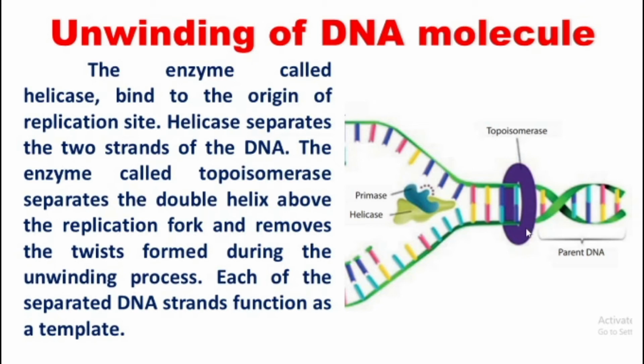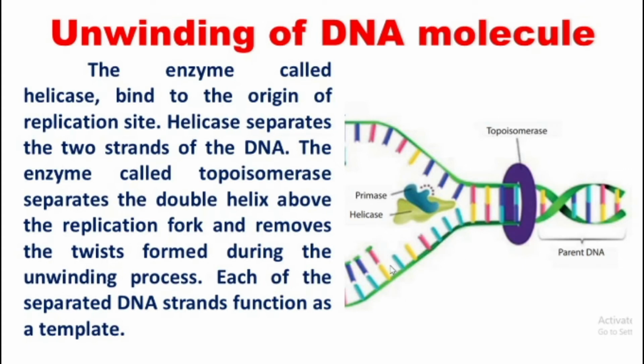Each of the separated strands functions as a template. So after the separation of the two strands as individual single strands, these individual single strands will act as the template. They have the nucleotide sequences which will act as the template.